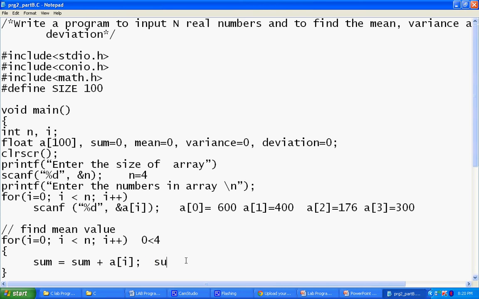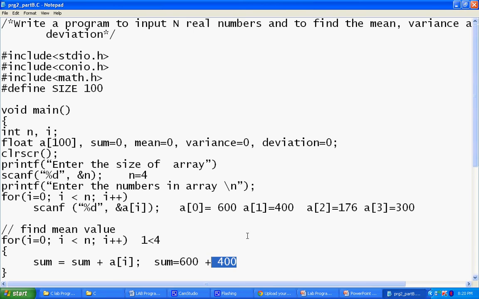Then the for loop continues where the value of i will become 1. Then 1 less than 4, the condition is true. In the formula, it takes the sum value 600 plus a of i, that is a of 1 now. So what is there in a of 1? The value 400. So in a of 1 position, it puts the value 400. Then 600 plus 400 is going to make 1000.